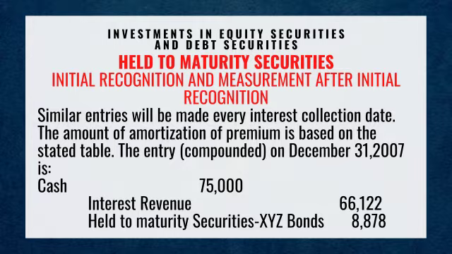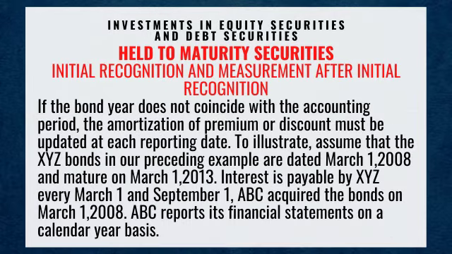The entry compounded on December 31st, 2007 is debit cash for 75,000 pesos, credit interest revenue for 66,122 pesos, and credit held to maturity securities, XYZ bonds, 8,878 pesos.